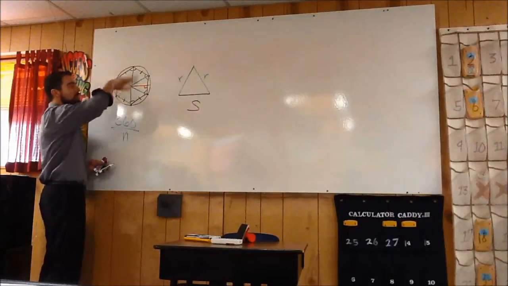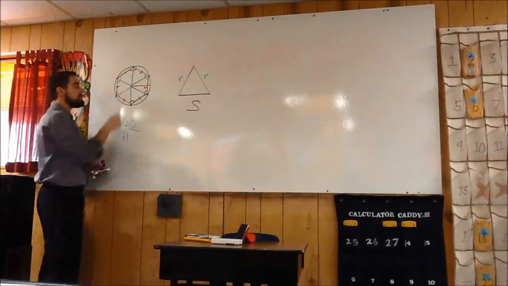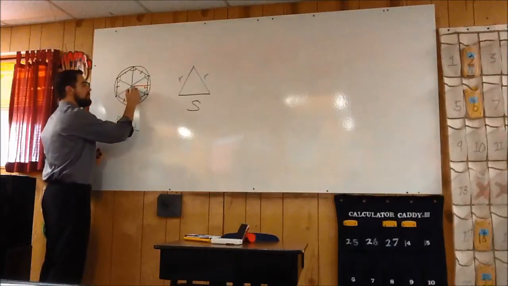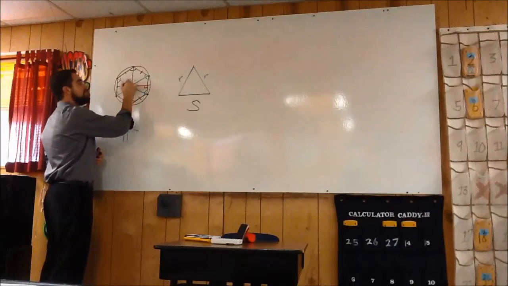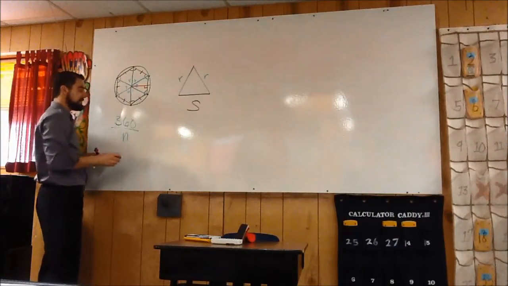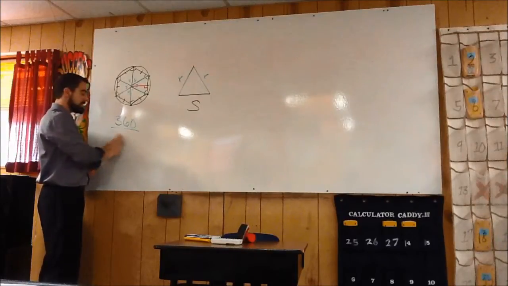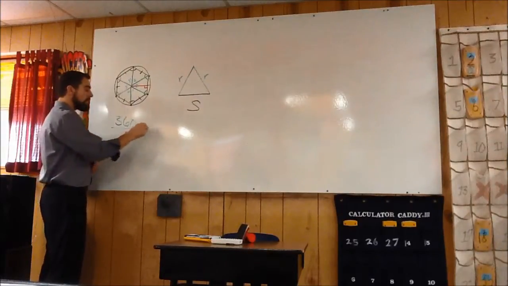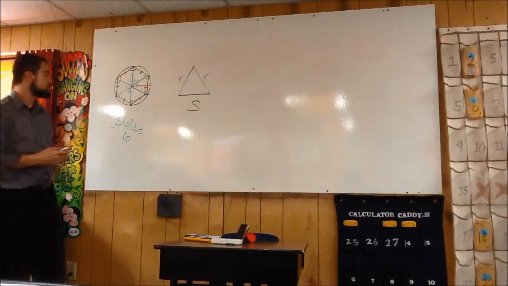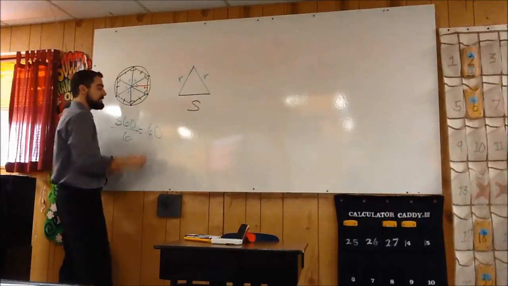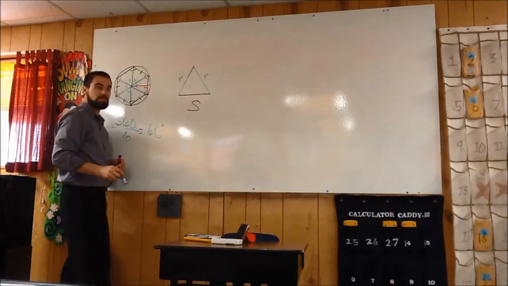That whole 360 degrees is being broken up into 1, 2, 3, 4, 5, 6 parts. Since n is equal to 6, one of those angle measurements is 60 degrees.